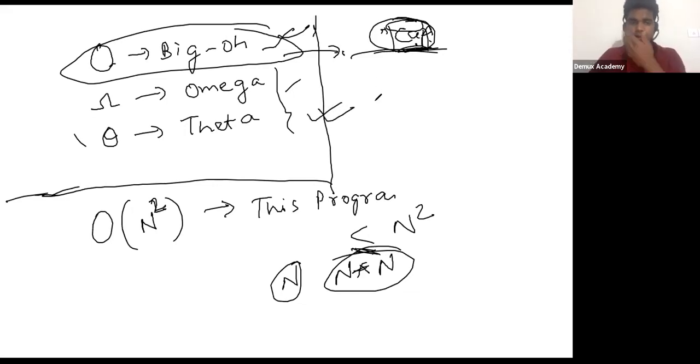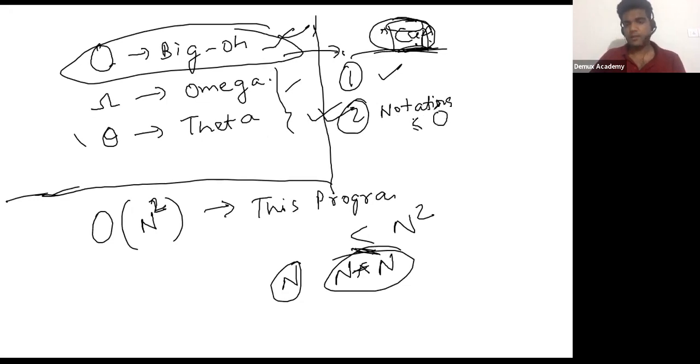So that is basically the big O notation. So we want to articulate all these speeds in terms of the size of the input. That's one thing I told you. And the second thing I told you is there are certain notations that we use to capture the speed of the program. If we want an upper bound on the speed of a program, we use the big O notation. If we want a lower bound, we use this.